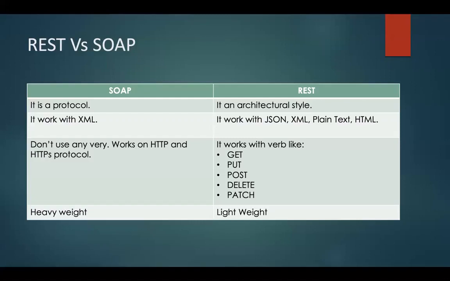Put and patch are basically used to update a resource, like you want to update employee details. Post is used when you want to create a resource like the employee. Delete is basically used when you want to delete a particular resource.